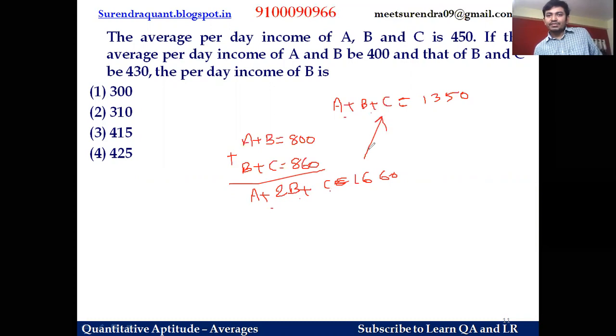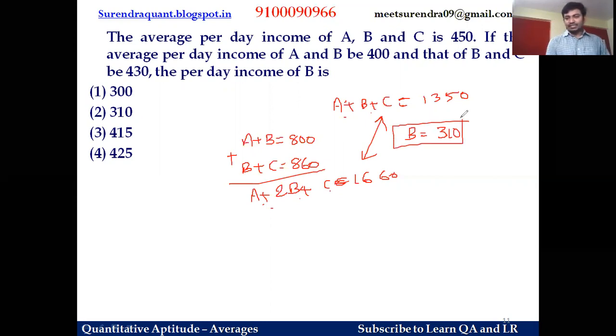If I take the difference of these two, A minus A cancels, 2B minus B, C cancels. So 1660 minus 1350 is 310. The per day income of B is 310 rupees. So this way you can do it faster. Though I am doing traditional methods in the basic lectures, still you can wind up the questions in 1 or 2 steps, maximum of 3 steps, with the right thought process.